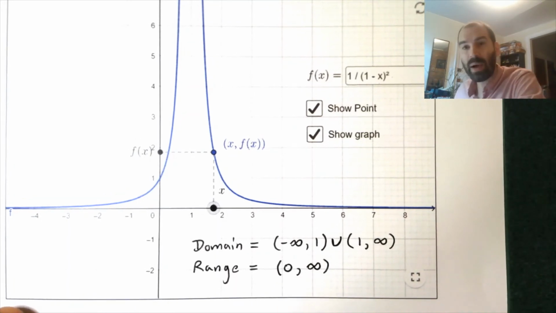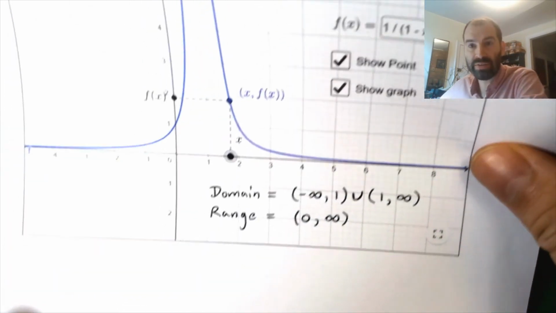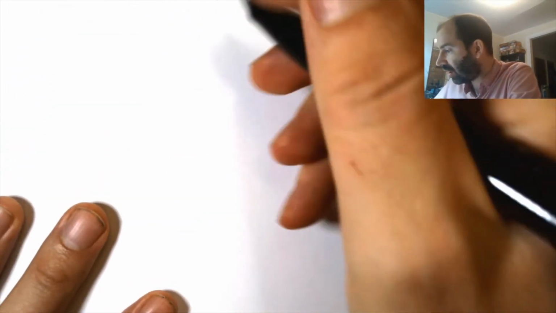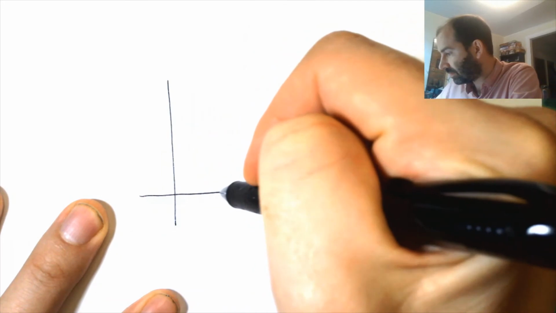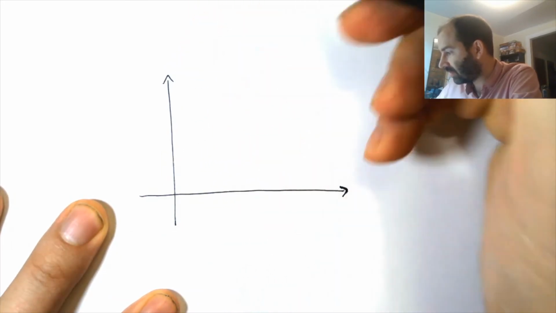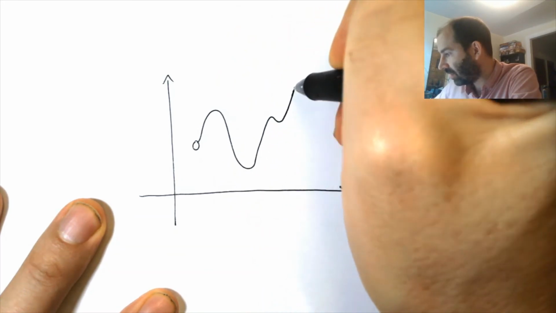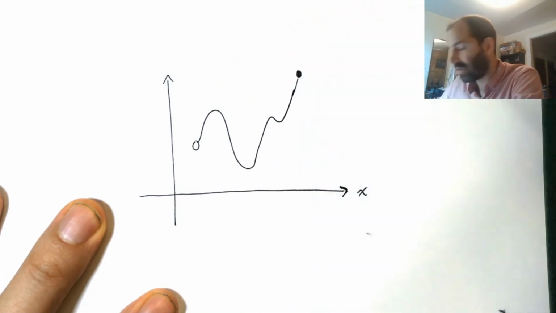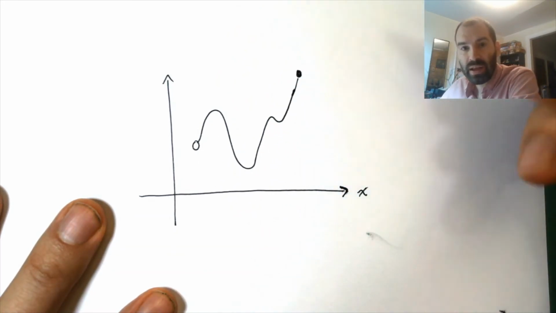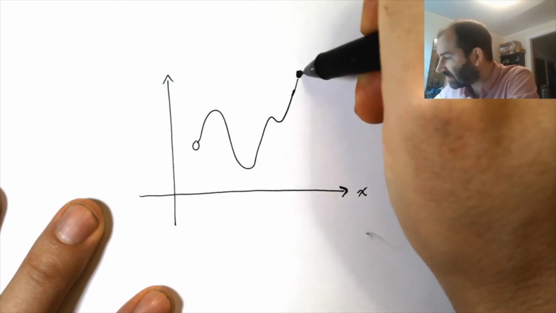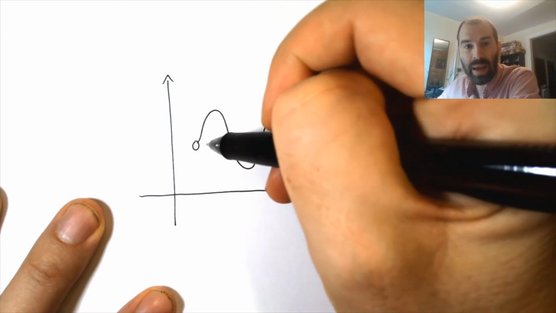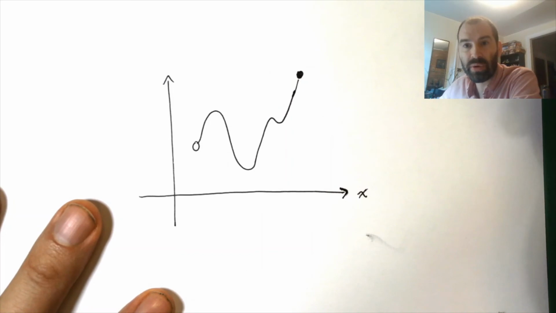Okay. I want to point out one other thing with graphs. When we draw a graph, and graphs can look pretty crazy, they can be pretty wiggly and wild, we use either a solid dot or an empty dot to denote whether or not that point is actually on the graph.